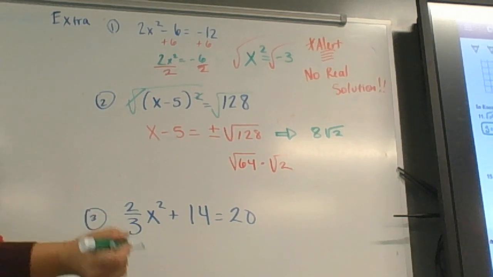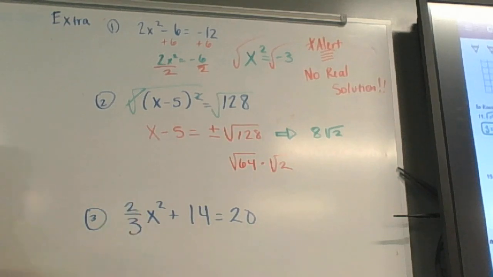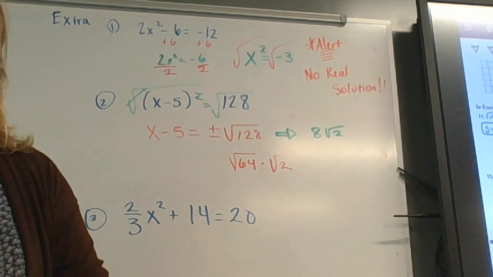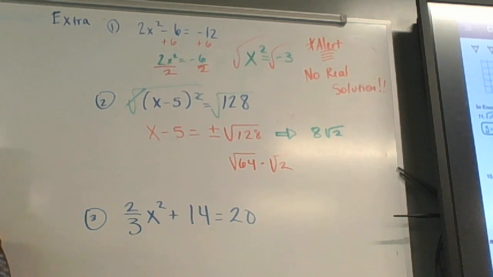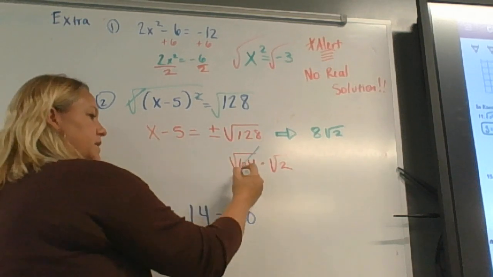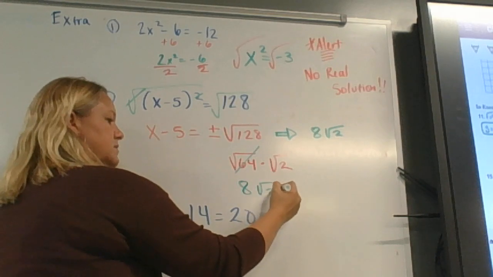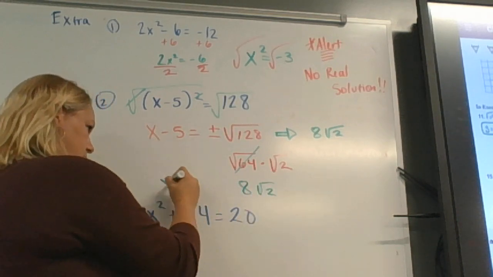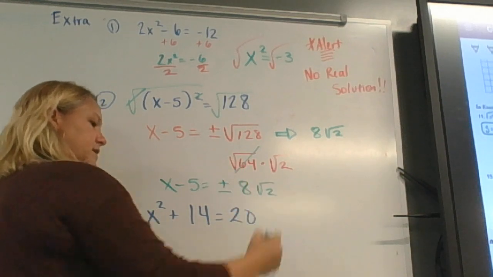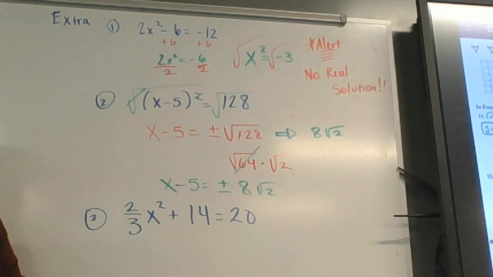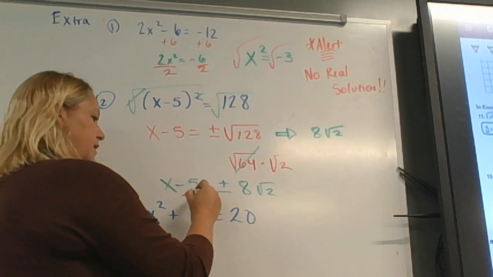You have to understand that. So technically, I should test you without a calculator on this very one skill. You're supposed to show you can do that. So now I can square root this, and it's 8 square root 2. My problem is now x minus 5 is plus or minus 8 square root 2. It's not done yet. I got one more thing to do. And a plus 5 over.